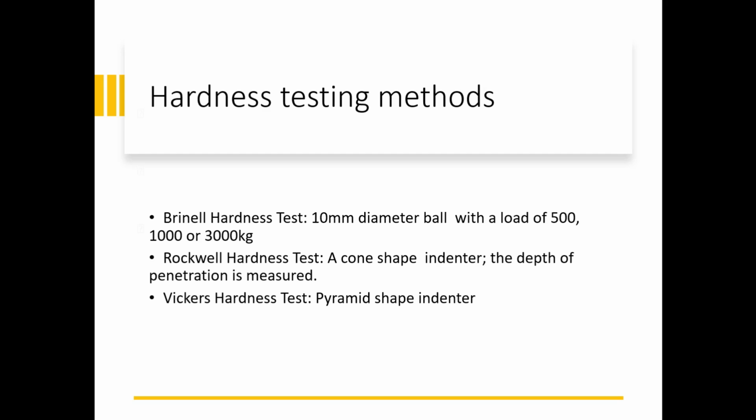These are used to control processing and for inspection and acceptance of material and components. There are different methods for hardness test like Brinell hardness test, Rockwell hardness test and Vickers hardness test. But in this course we are just going to discuss the Brinell hardness test and the Rockwell hardness test.